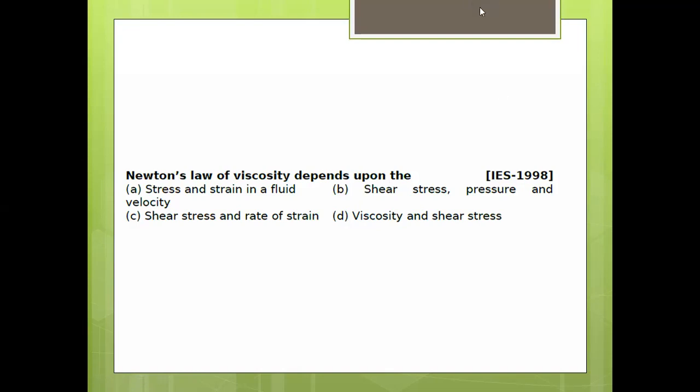Some of the students have said option C, and this is the correct option. See here, what Newton's law of viscosity is saying: shear stress is directly proportional to the rate of shear strain. This is the shear stress and this is the shear strain. So the first option is not correct.